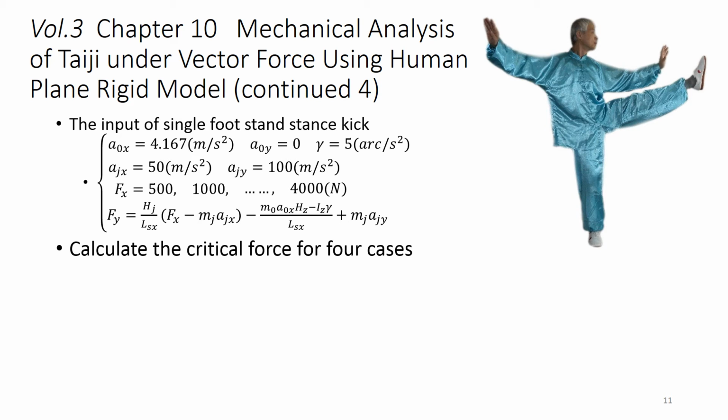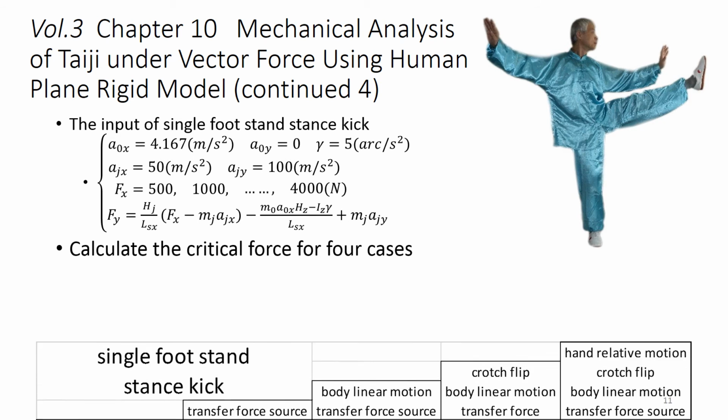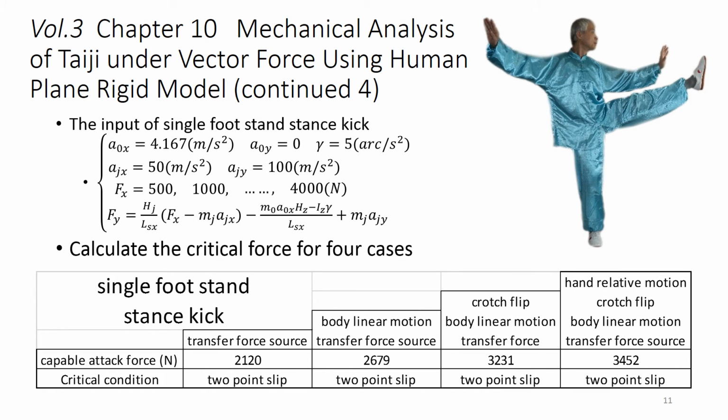Calculate the critical force for 4 cases. For transfer force source, the capable attacking force is 2120 Newton. For adding body linear motion, the capable attacking force is 2679 Newton.